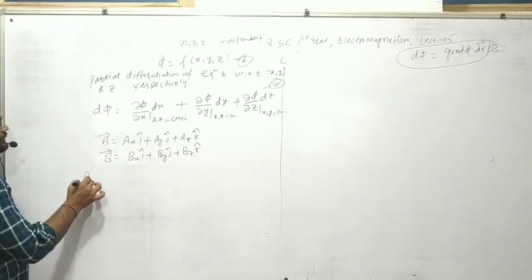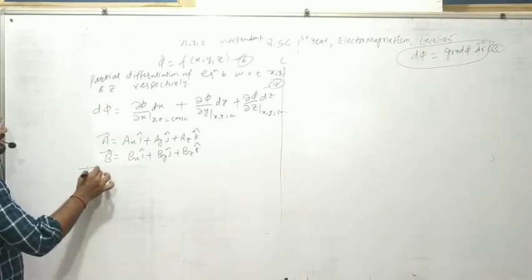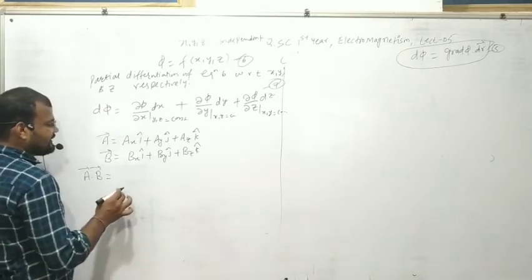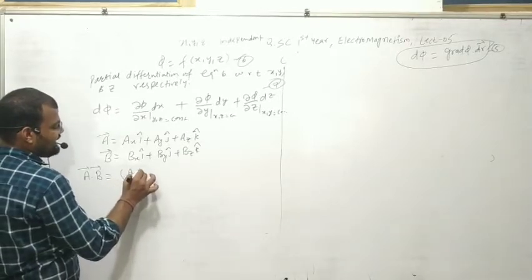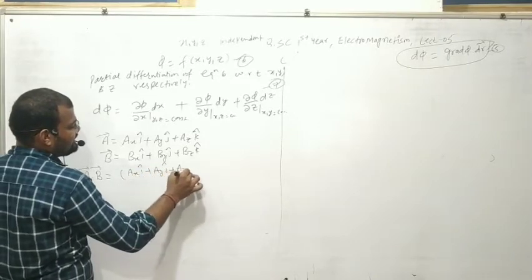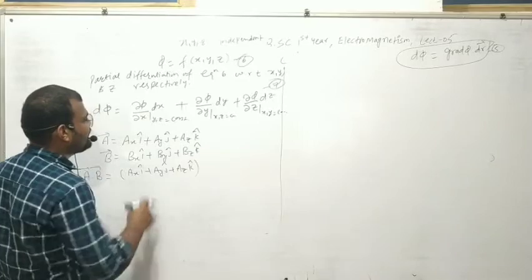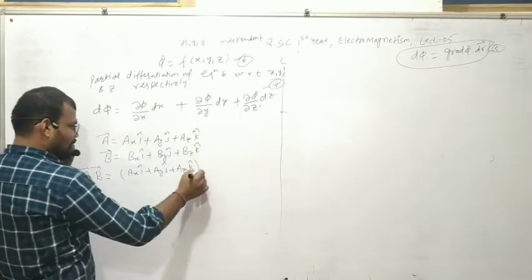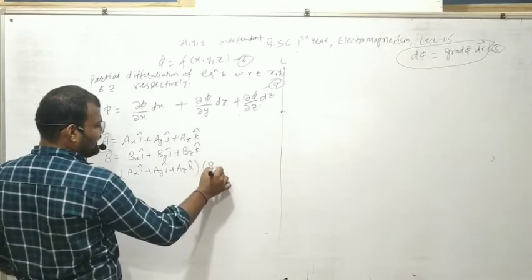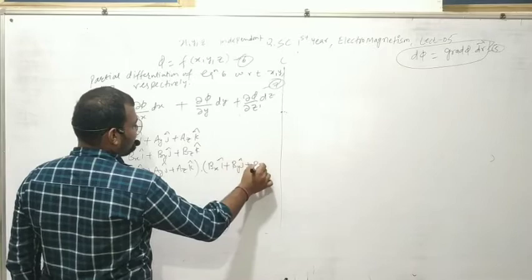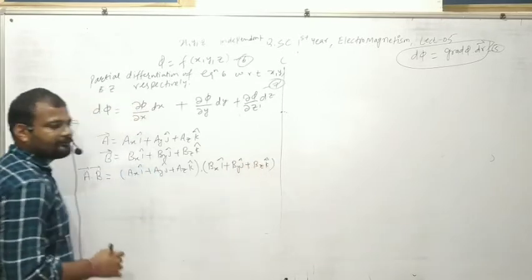So I want to do the scalar product of vectors A and B, means the dot product of A and B. So what will I get? A dot B will be ax i cap plus ay j cap plus az k cap, dot, bx i cap plus by j cap plus bz k cap.